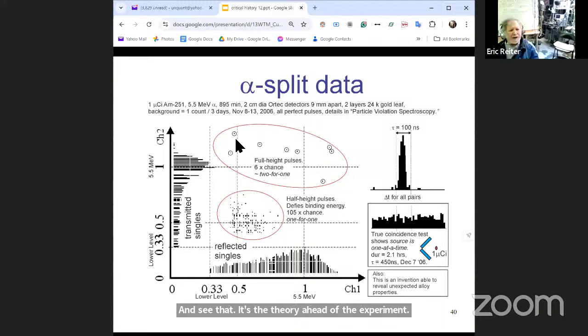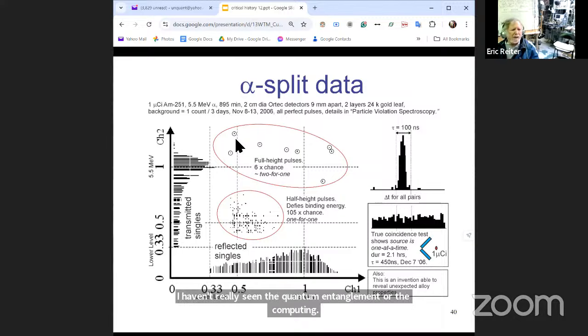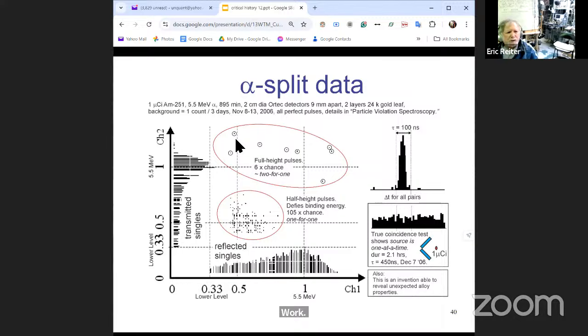I haven't really seen the quantum entanglement or the computing work. They make all kinds of excuses around it, and there's noise problems. They're saying that quantum computing is going to figure out how quantum communication is going to work because it hasn't worked.